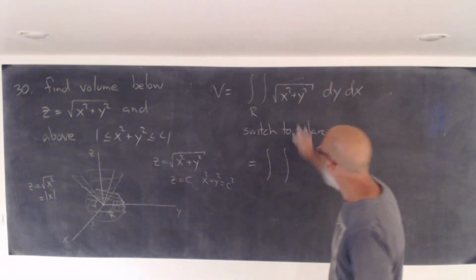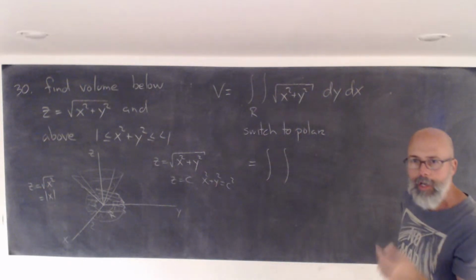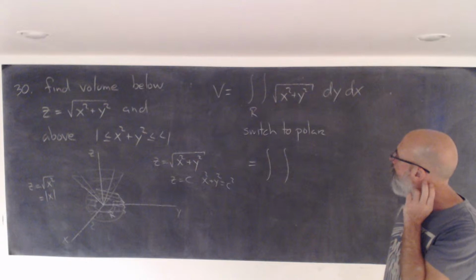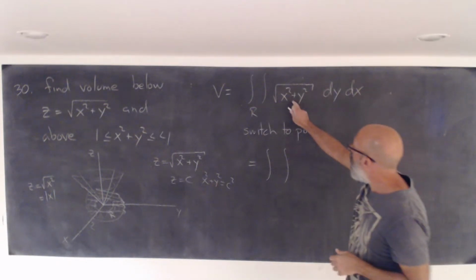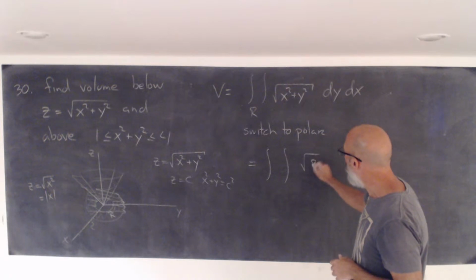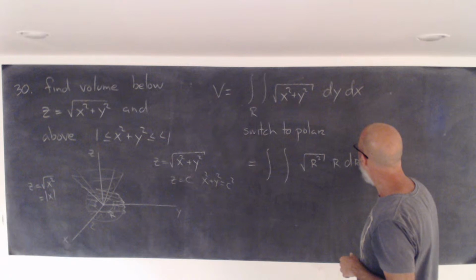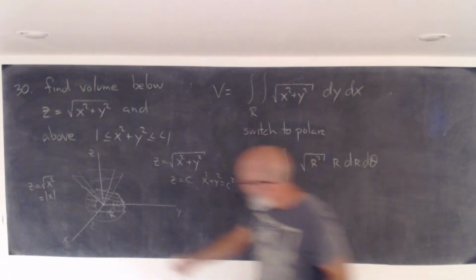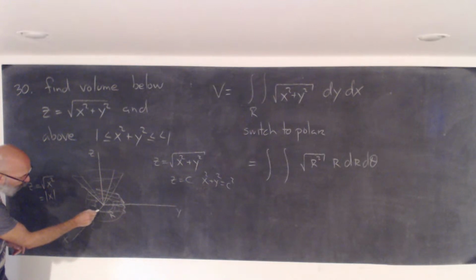And the beauty in polar coordinates, x squared plus y squared is, we've done it many times, r squared. So this is the square root of r squared, Jacobian dr d theta. And we've understood how r varies, right? R goes from 1 to 2.